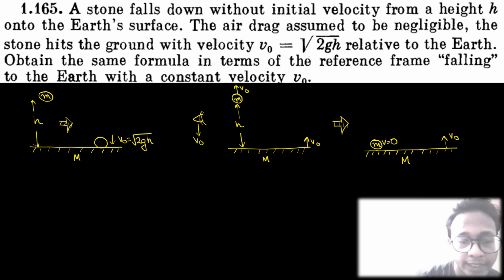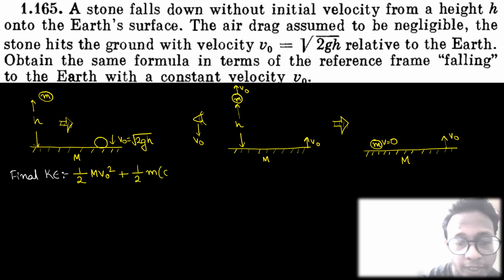What is final kinetic energy? Final kinetic energy of the system is nothing but half M v naught square plus half m into 0 square. What is initial kinetic energy of the system?